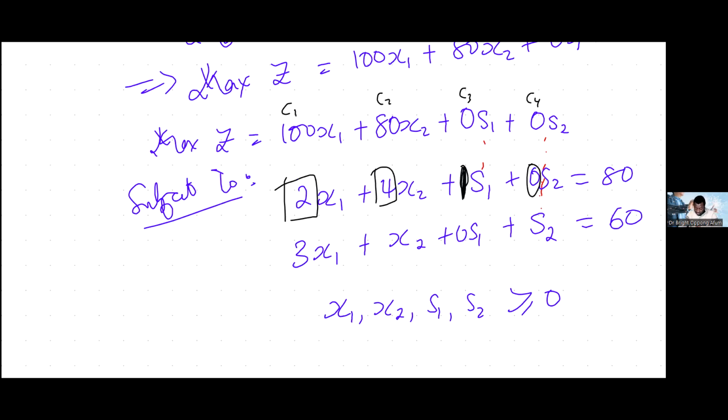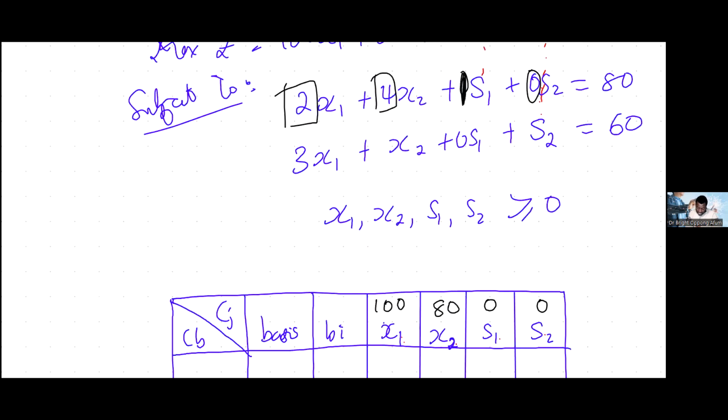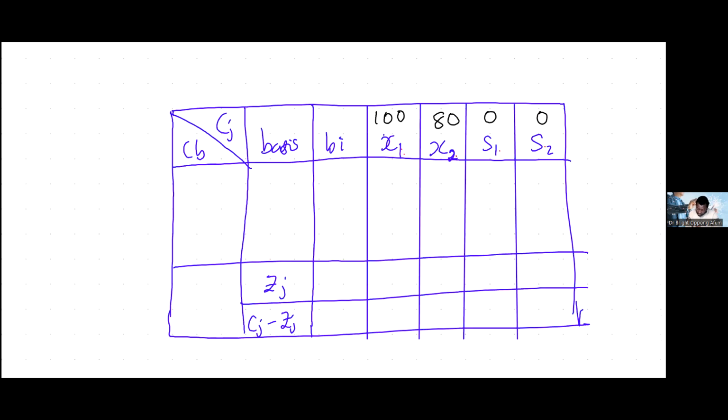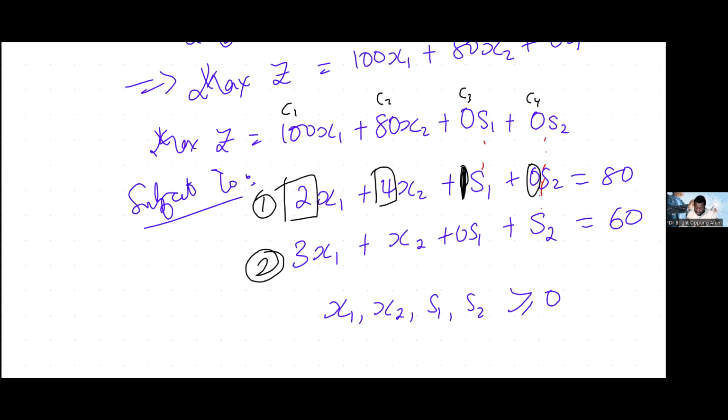So we have to fill this. And remember, there are just 2 constraints. So therefore, for the first constraint, we have 2, 4, S1 is 1 and S2 is 0. Remember, we have it here.